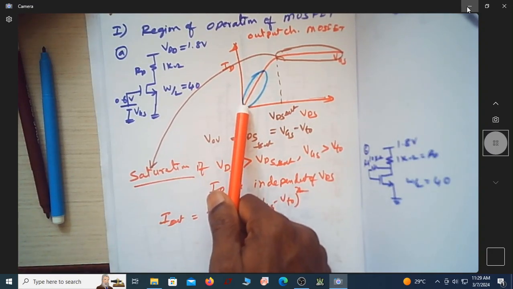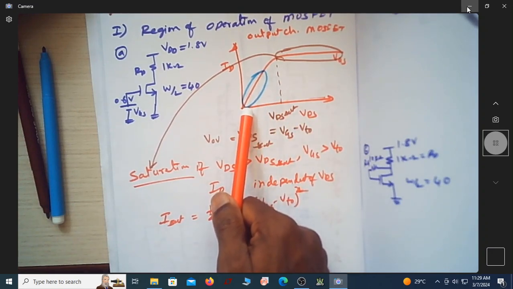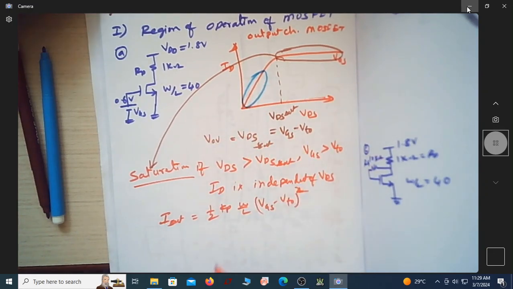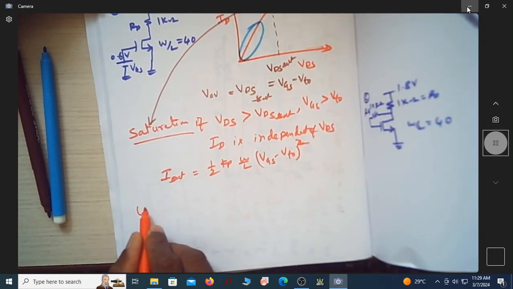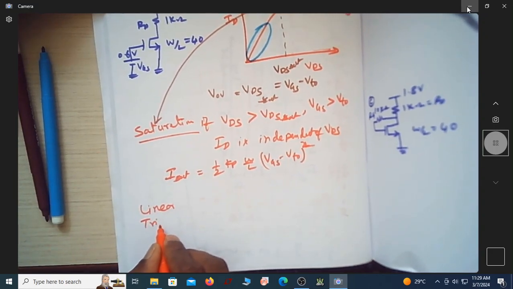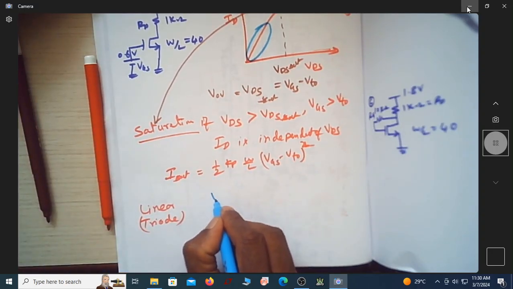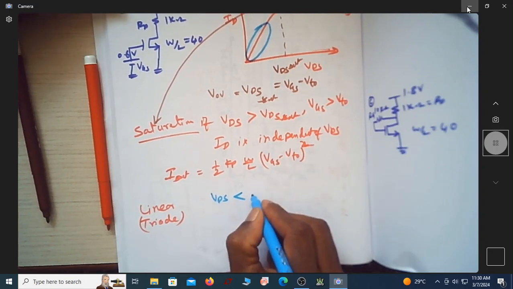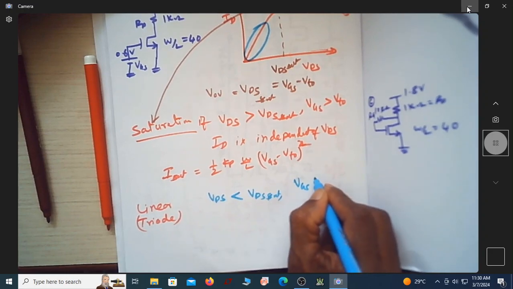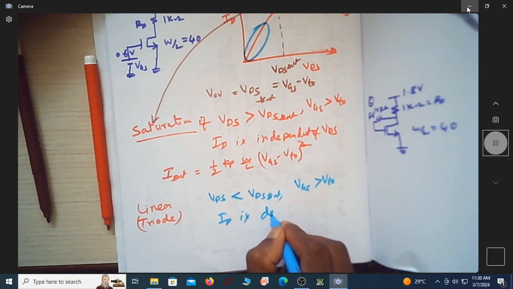Similarly, for voltages of VDS less than VDS sat, the drain current depends on VDS. We call it the linear or triode region of operation. The condition is VDS has to be less than VDS sat, and VGS has to be greater than VTO.